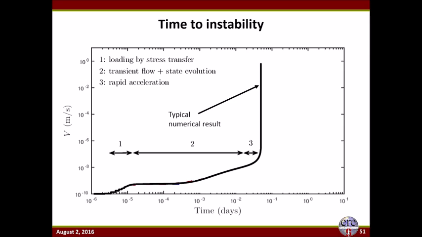And it can be characterized by an initial jump in sliding velocity due to the initial static stress change that the secondary fault felt. So that's mostly the shear stress effects. This middle portion of the nucleation phase can be characterized by both transient friction changes, as well as that transient loading caused by the hydromechanical effects. And then finally, rapid acceleration occurs, and that's when the earthquake has actually nucleated and begins propagating as a sustained rupture.